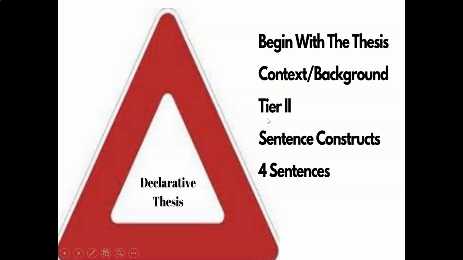It is an academic paper, so we want to see tier 2 level vocabulary in this. And what I mean by that is your average run-of-the-mill SAT level caliber words. Don't totally geek out. I want to disabuse students of the notion that using $1 million words is the equivalent of good writing. It's not. Use your words wisely and stay in your wheelhouse. You got to sound natural.